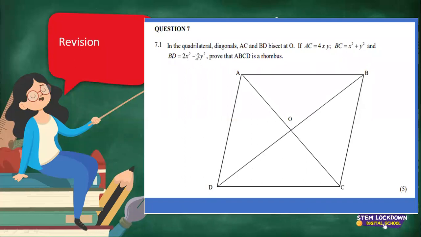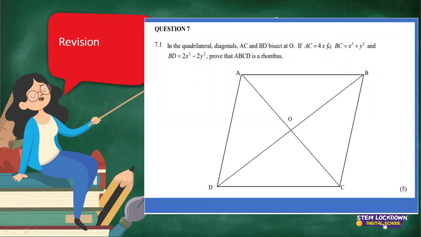If you factorize this and divide by 2, you have 2 into bracket x squared minus y squared, divided by 2. So that gives us the length of OB. You can also have the length of OC.